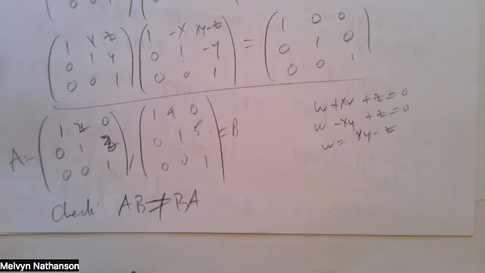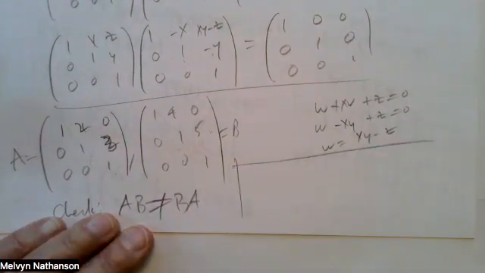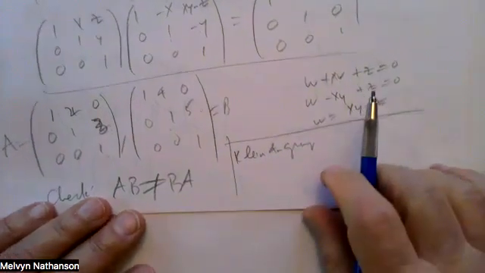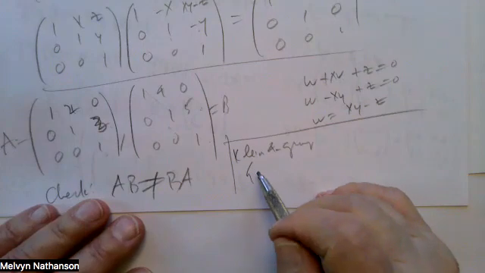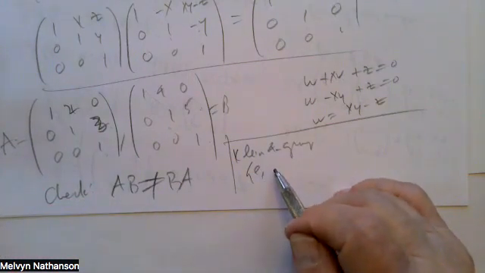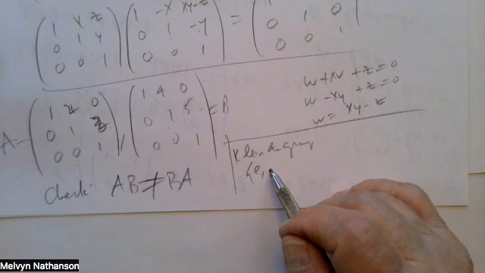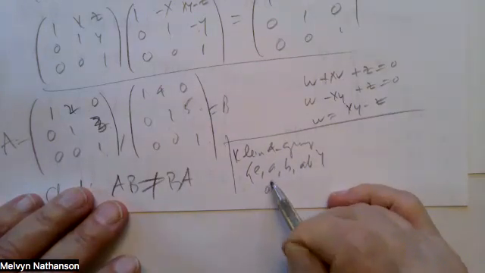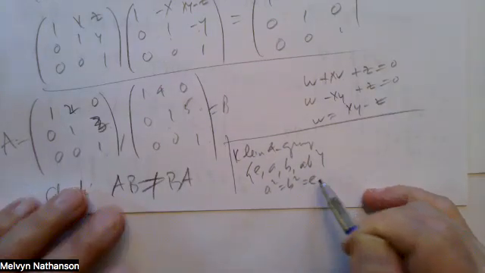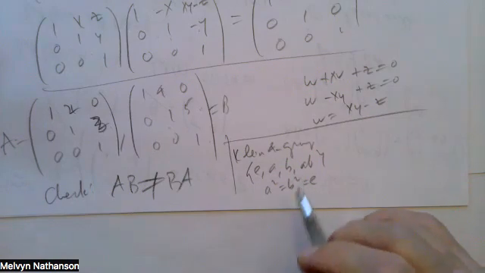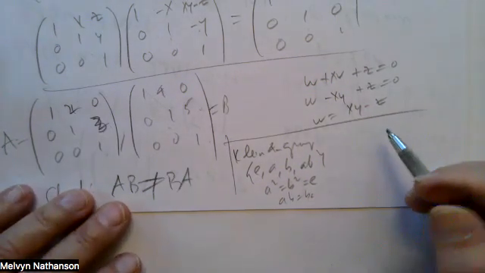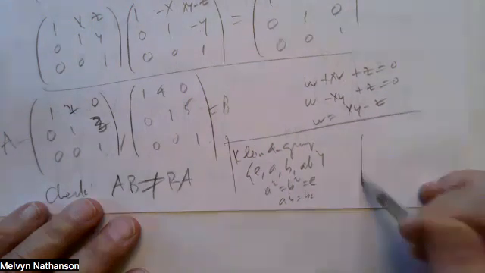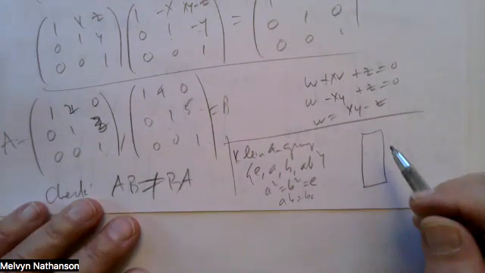And let me skip the last problem because I didn't say what the Klein 4 group is. The Klein 4 group is a group with 4 elements. I can write it as E, A, B, and AB, where A squared and B squared are the identity, and AB equals BA. You can think of this as the symmetries of a rectangle.